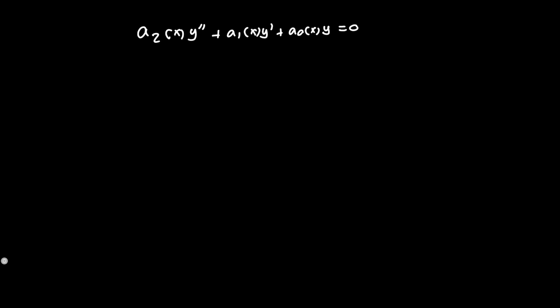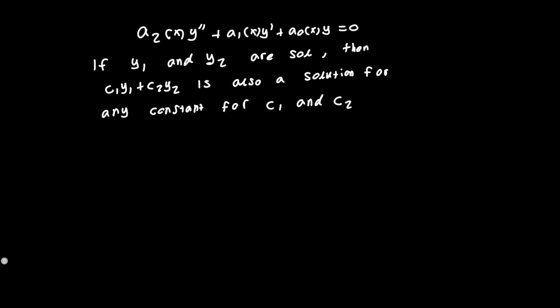Then we have a superposition principle. This superposition principle suggests that a general solution might be a linear combination of two independent solutions. But when are y1 and y2 truly independent? We're also going to get into that as we progress in the course.